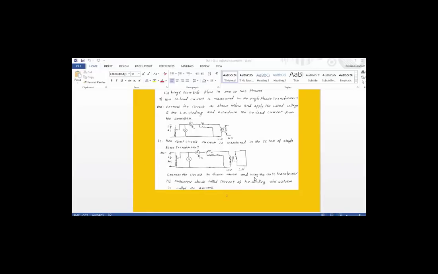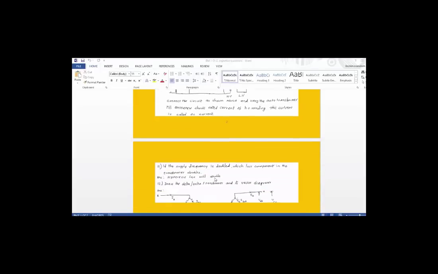Then vary the auto transformer output voltage in such a way that the ammeter reads the rated current of HV winding, and this reading is called the short circuit current.